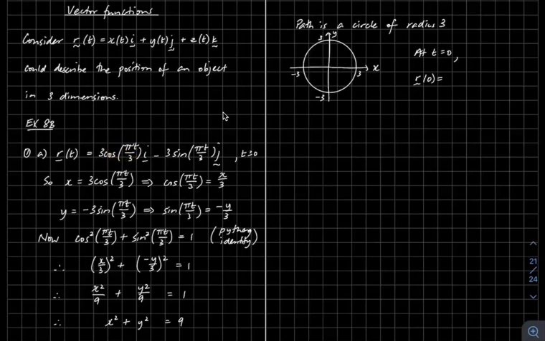So it's going to be 3 times 1, so it's going to be 3i, and when we substitute 0 into this part here, sine of 0 is 0, so it's going to be 0j. So in other words, it starts at 3i plus 0j, which is that point there.